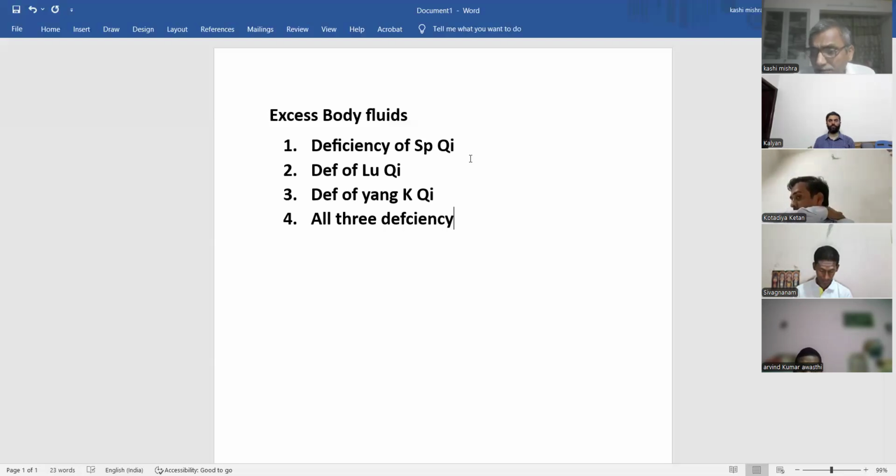And the non-substantial chi, when it slows down, the flow of the body fluid slows down, and therefore you get accumulated swelling, etc. If the chi formation is more, you will get dryness, lack of body fluid.